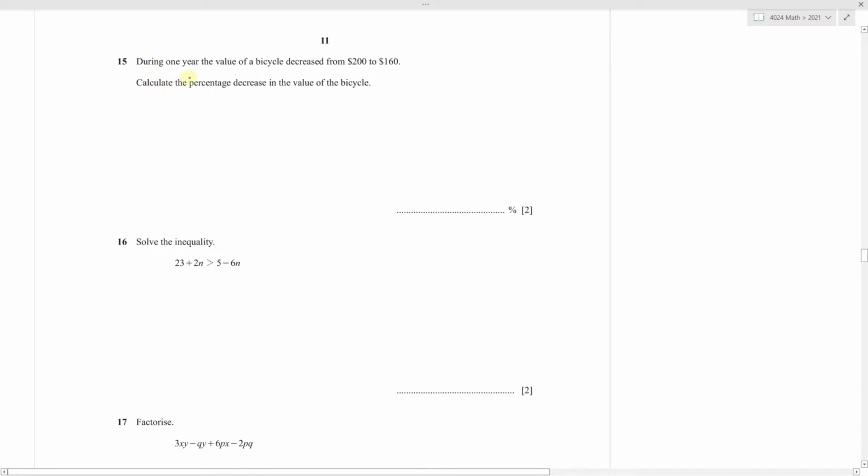Question number 15. During 1 year, the value of a bicycle decreased from $200 to $160. Calculate the percentage decrease. So for percentage decrease, you need the decrease in value divided by original price, and then multiplied by 100.